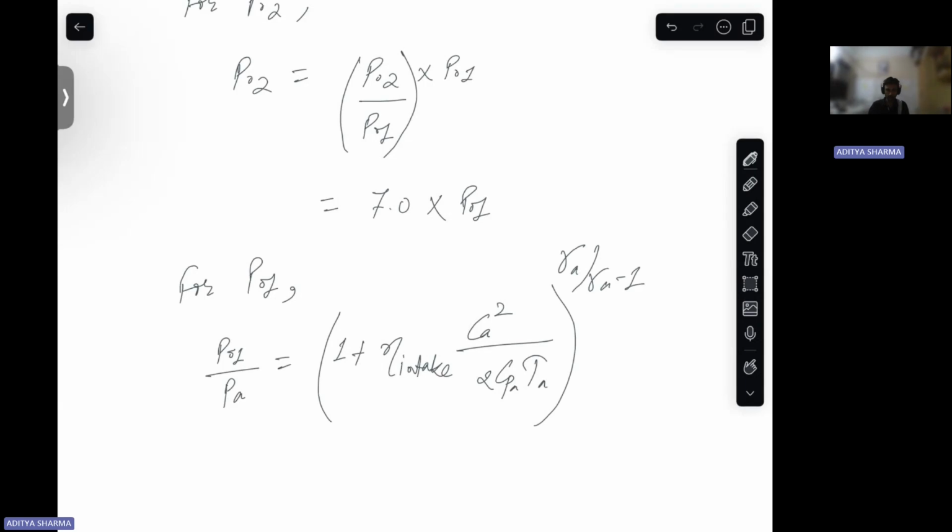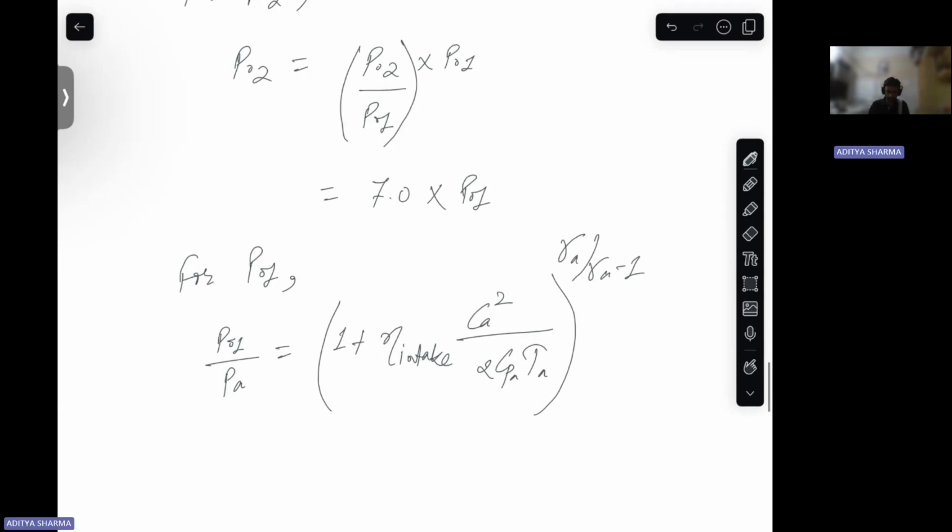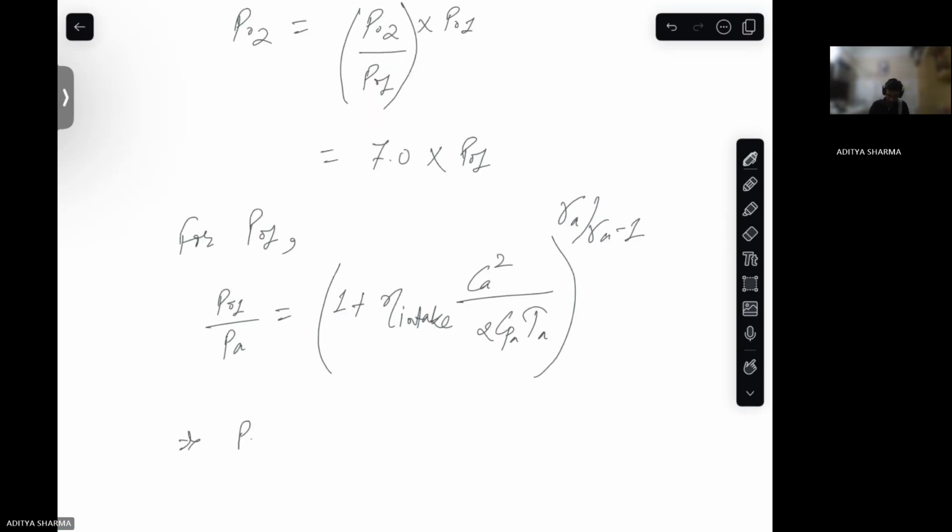This is the formula. Now if you place the values here, 0.92 to 212.59 squared divided by 2 into 1005 into 229.793.